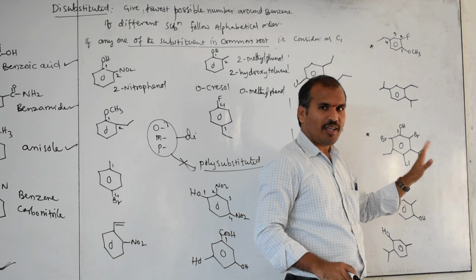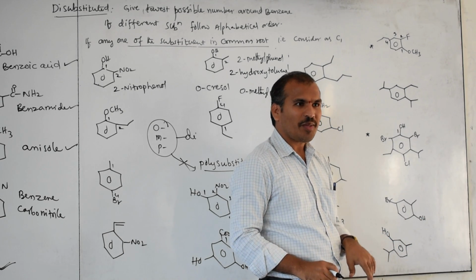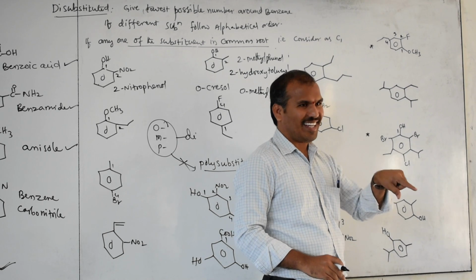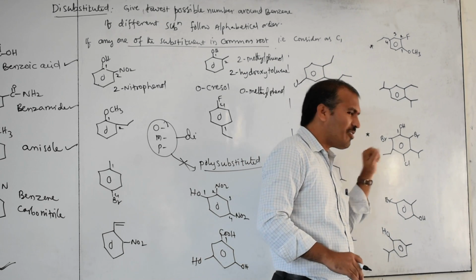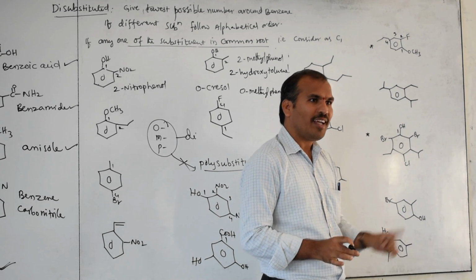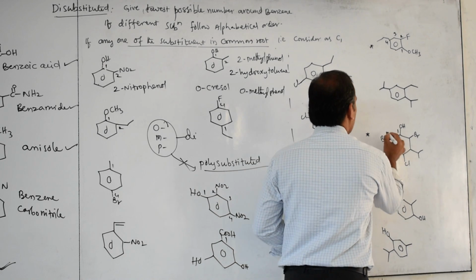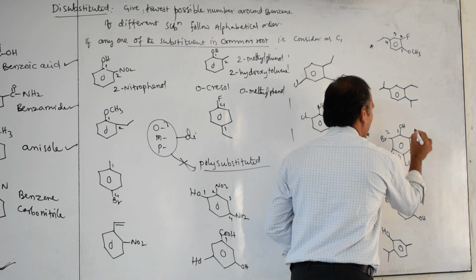Got the point? If you do not consider isopropyl and consider it as a complex substituent, then what is the thing? 1-methylethyl. M first or E first? Anyway, whether you take iso or 1-methylethyl, it is only the first alphabet. Got the point here? So the numbering is 2, 3, 4, 5, 6.